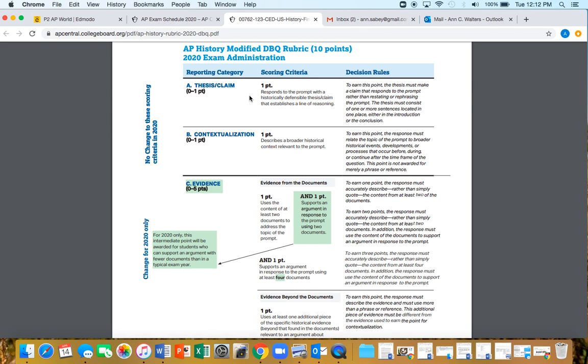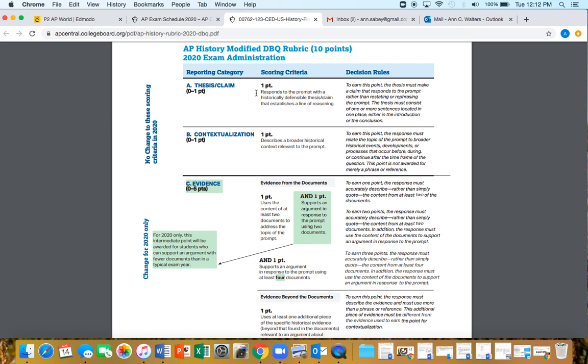So, railroads affected European empires, but they more strongly affected empires that were building on their own. So you can use qualifiers like more, most, and anything like that. So that's your thesis point.